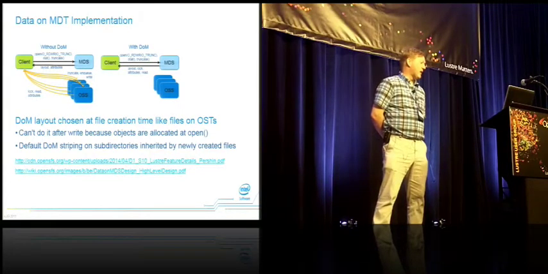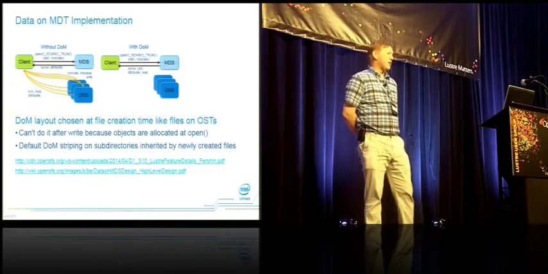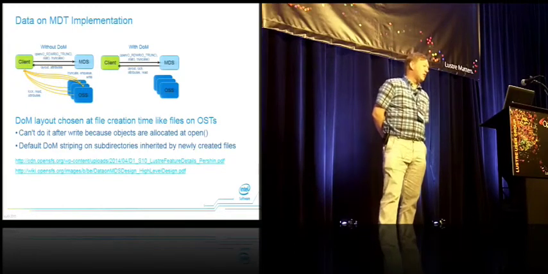And right off the bat, there's expected to be a 2 to 3 times performance improvement just by removing RPCs to the OSTs for locking and then fetching attributes or fetching the data.